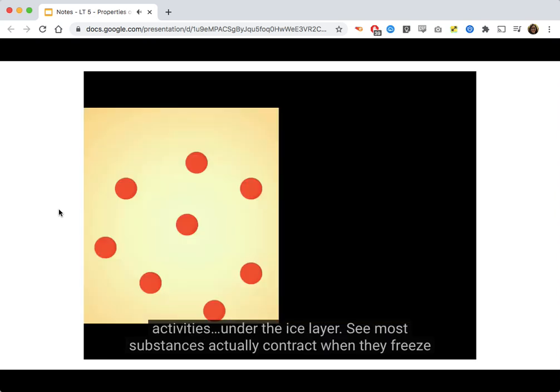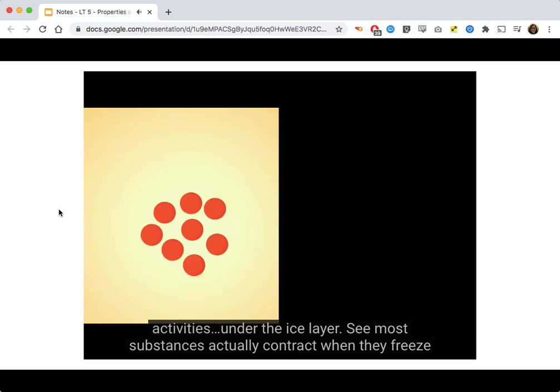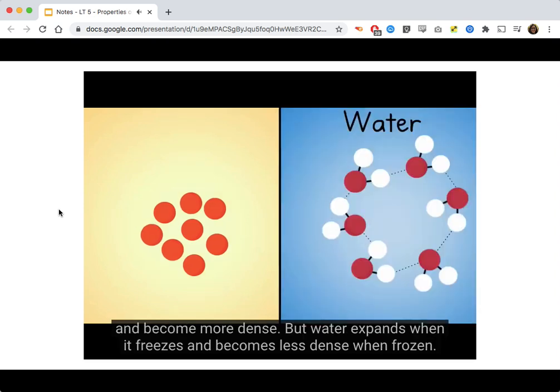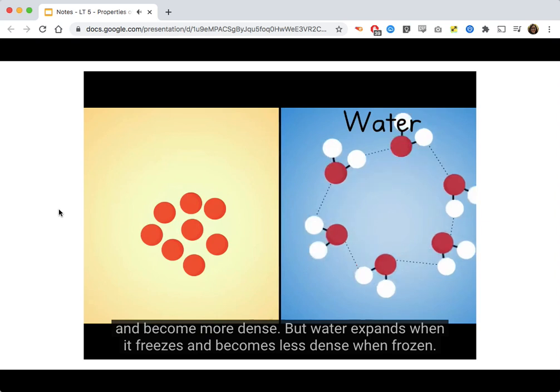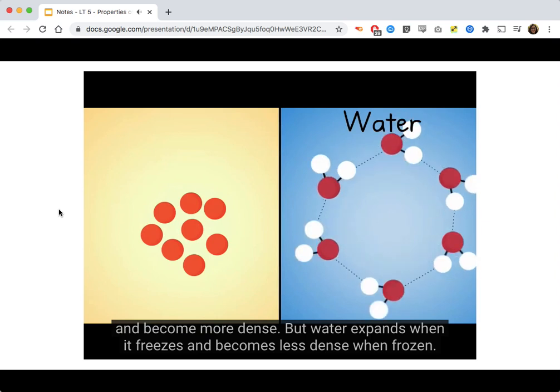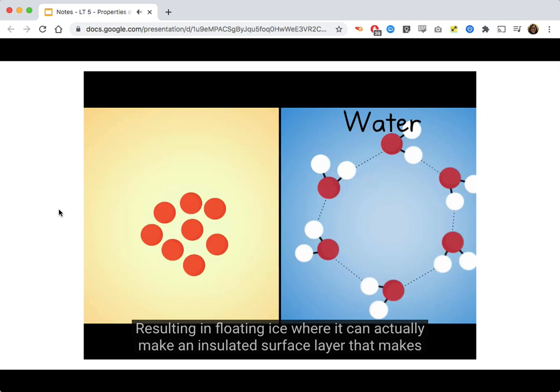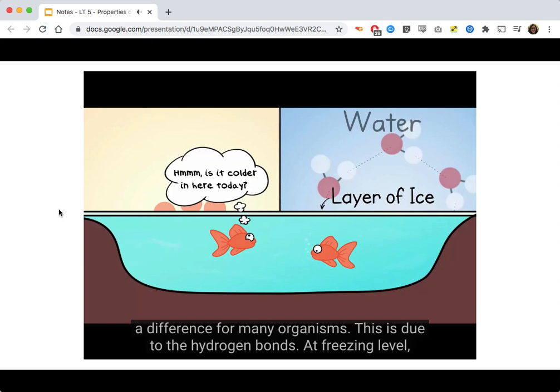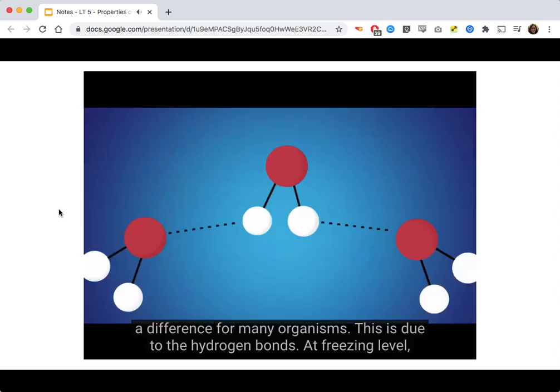It's common for many substances to actually contract when they freeze and to become more dense. But water expands when it freezes and becomes less dense in its frozen state, resulting in floating ice, where it can actually make this insulated surface layer that makes a difference for many organisms underneath. And this is due to the hydrogen bonds.